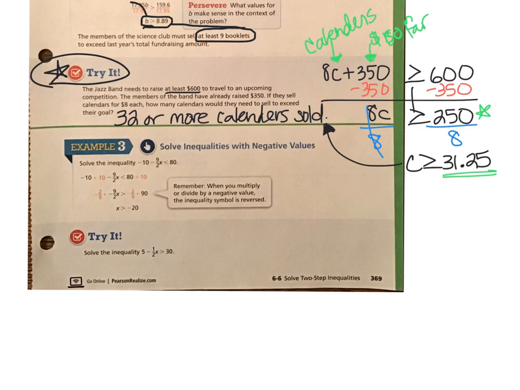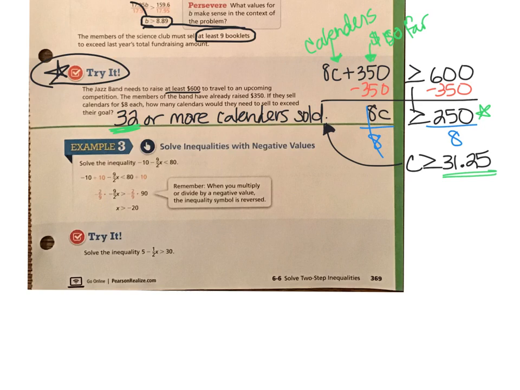The problem is that you can't sell a calendar unless all the months are there. So we can't sell 31 25/100 of a calendar, but we can sell 32 or more. If I sell 32 calendars, then I will have sold more than what I need to exceed my $600.